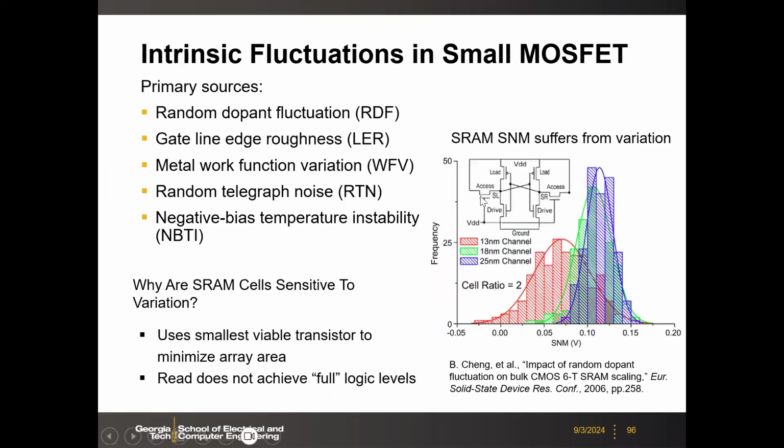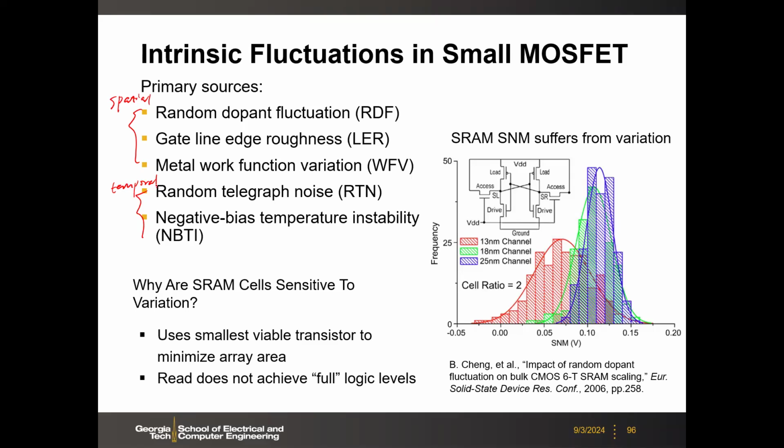So that's why, if you measure the SNM, as you shrink, your SNM will have a wider distribution due to the variation. Here I summarize the primary sources of variation. I would say the first three are more spatial, and this one is more temporal. Spatial means mismatch.